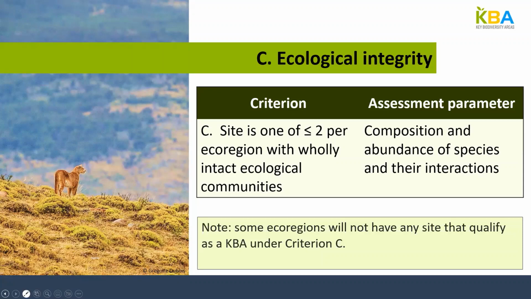So since a vital component of this criteria is having been essentially undisturbed by large-scale industrial human influence, ecoregions that have undergone massive changes during and after the Industrial Revolution may not have any sites that could actually qualify to be a Criterion C site.